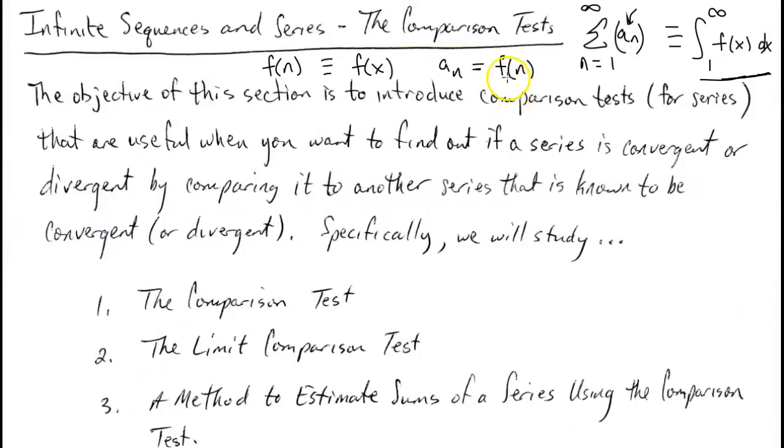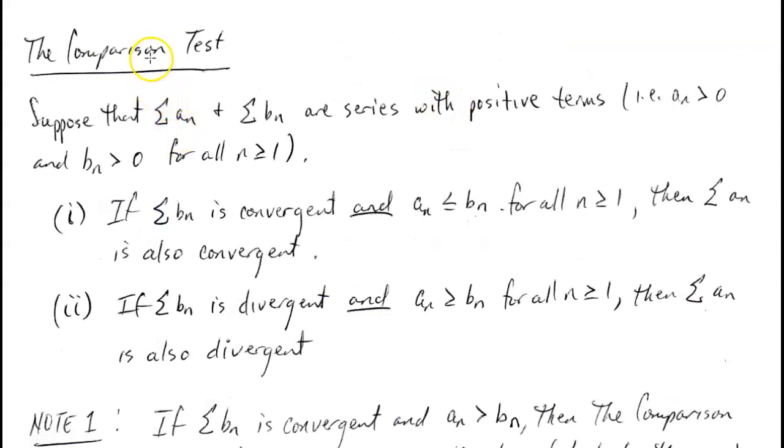So now that we've seen the direct comparison test and limit comparison test for improper integrals, let's go ahead and look at what the comparison test and limit comparison test look like for series. So the comparison test says that suppose we have two series: the series made up from a sequence a sub n and another series made up from a sequence b sub n, okay?